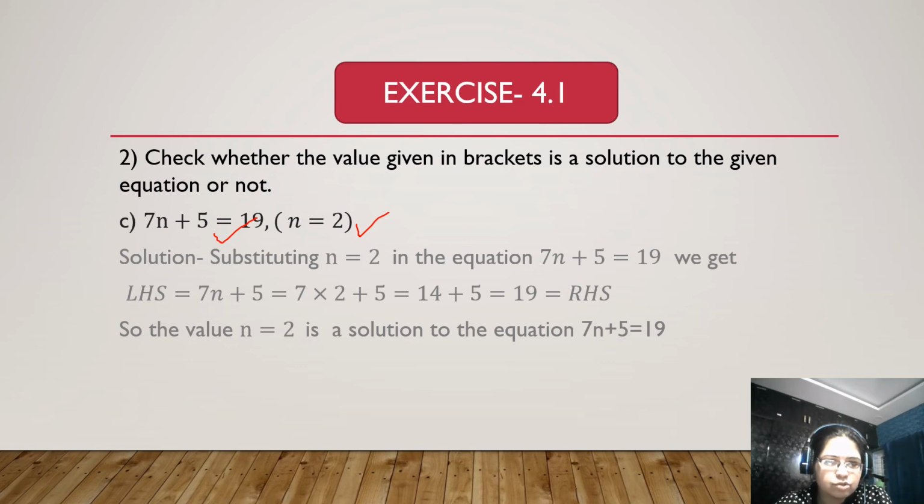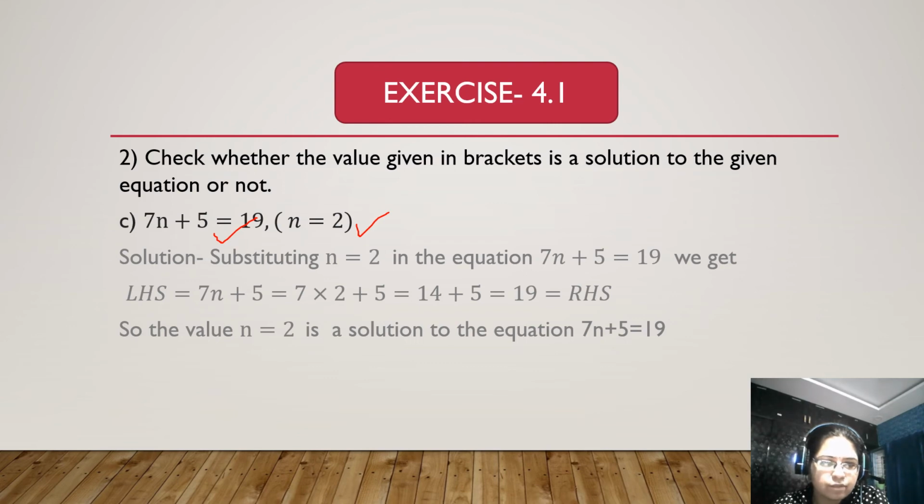If we substitute the value of n equal to 2 in the left hand side, 7n plus 5, and check whether this value is equal to 19 or not. If it is equal to 19, then the value of n equal to 2 is a solution for this equation, and if it is not equal to the right hand side, then the value of n is not a solution for this equation.